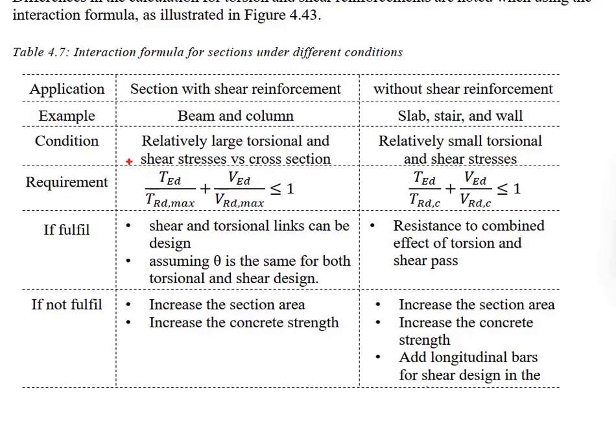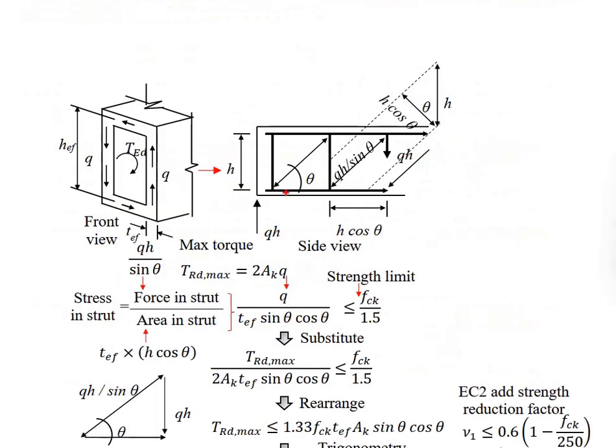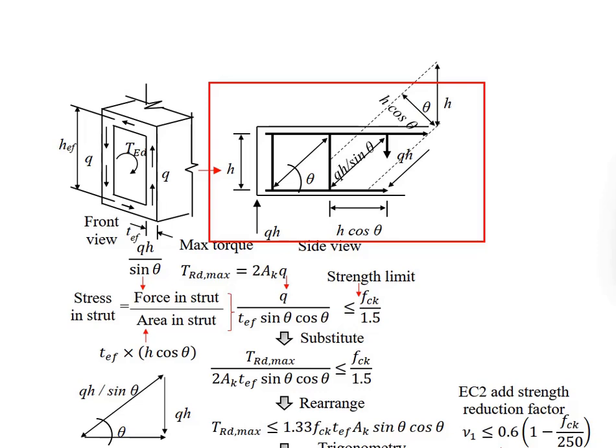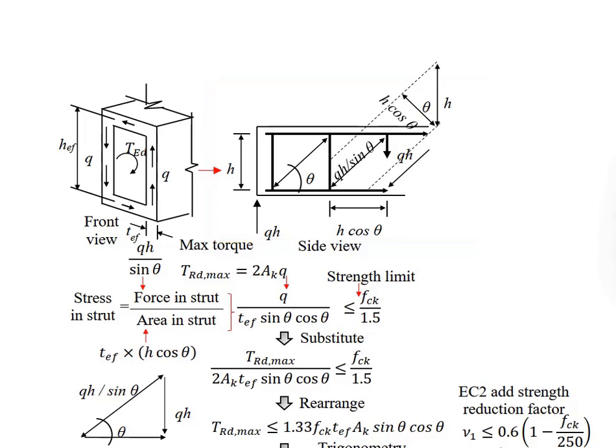Also bear in mind that this interaction formula, particularly the one with shear reinforcement, is actually derived from the imaginary truss model within the section. We want to prevent the crushing failure of the compressive strut of concrete.